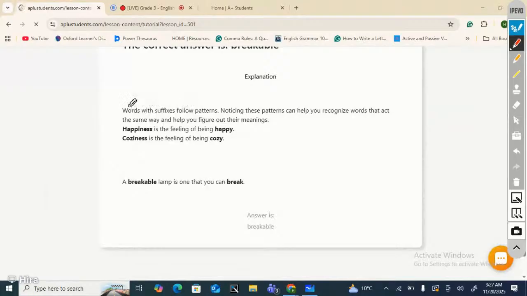Words with suffixes follow patterns, and noticing these patterns can help you recognize words that act the same way and help you figure out their meanings. Happiness is the feeling of being happy. Coziness is the feeling of being cozy. We have already discussed this one.